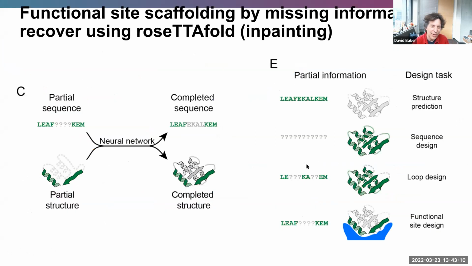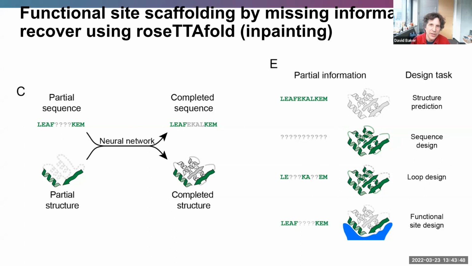So we have a second approach for function design, which is analogous to in-painting approaches used for images. You're probably all familiar that if you type into a word processor, at a certain point, it will try and complete your sentence. So we took the RosettaFold model that we've been optimizing and developing for structure prediction and trained it to not only predict structure from sequence, but also to predict sequence from structure, and we gave it training examples where parts of the protein were missing and had to be filled in.